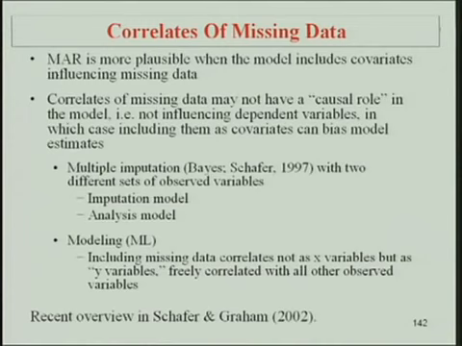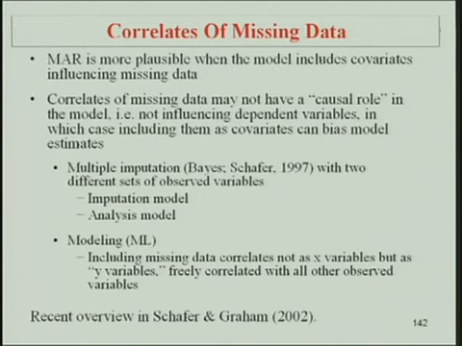Now, what do you do in the ML context? Well, you could do something similar there. You can include these missing data correlates. You don't have an imputation model and an analysis model. You only have an analysis model.